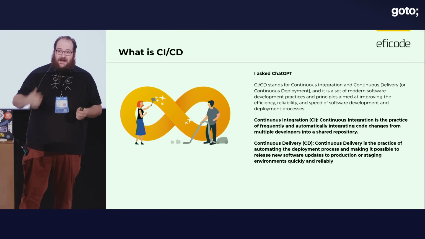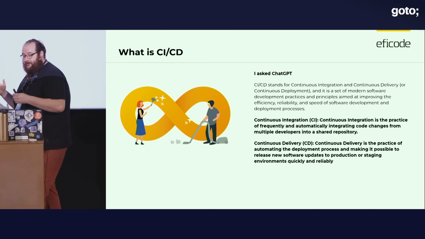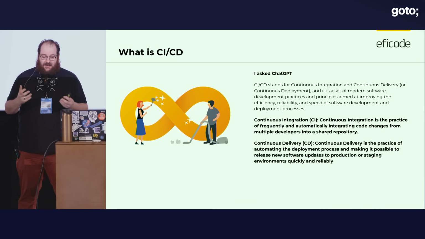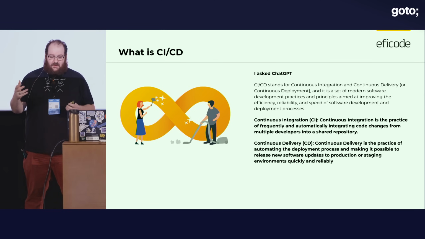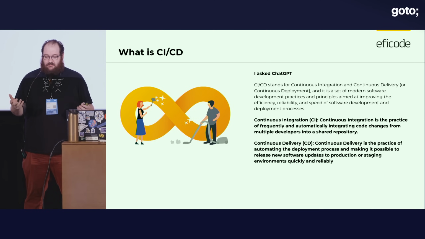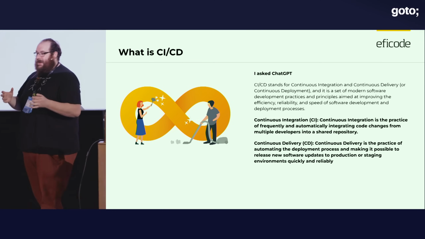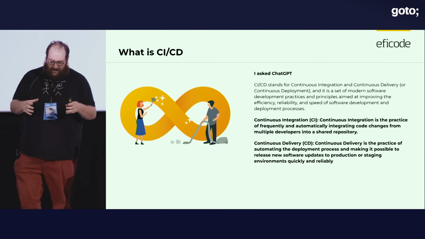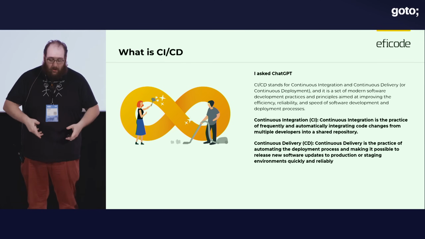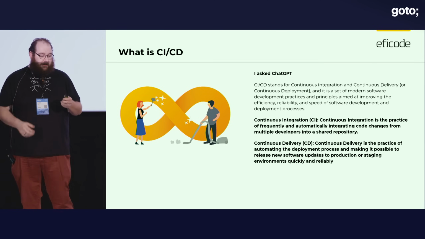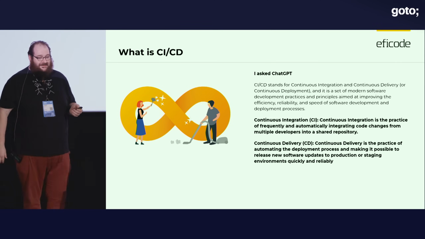We can break it down into two elements: CI, automated testing, frequent integration, and CD, which is the delivery, which is automatic deployment, staging environments, pipelines. Basically, it's a pipeline where your developers stand at the top, they pour code in, and deployed systems come out the bottom. That's how I simplify it, at least.